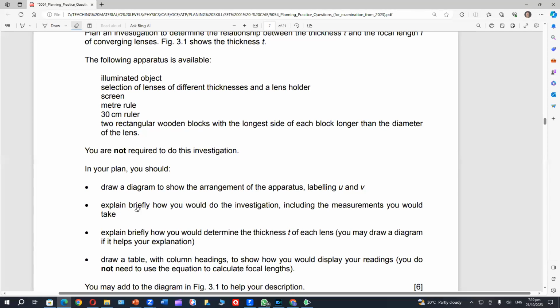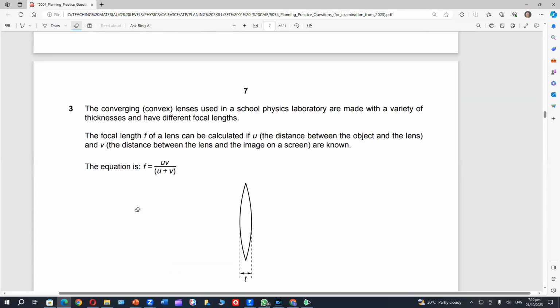In your plan, you should draw a diagram to show the arrangement of the apparatus, labeling U and V. U means object distance and V means image distance, which he has explained here.